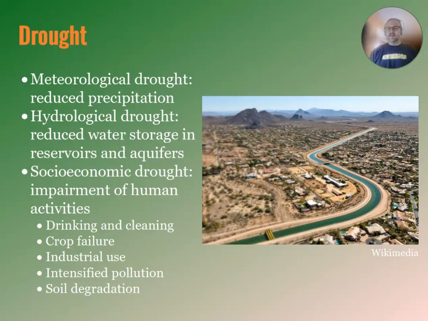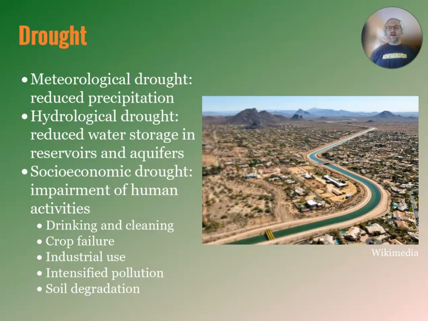We're still taking it to use for drinking and industrial uses and for plants to grow and all those kind of things. Then we're entering into hydrological drought, where our water storage, our stocks of water that we draw on, start to drop significantly.